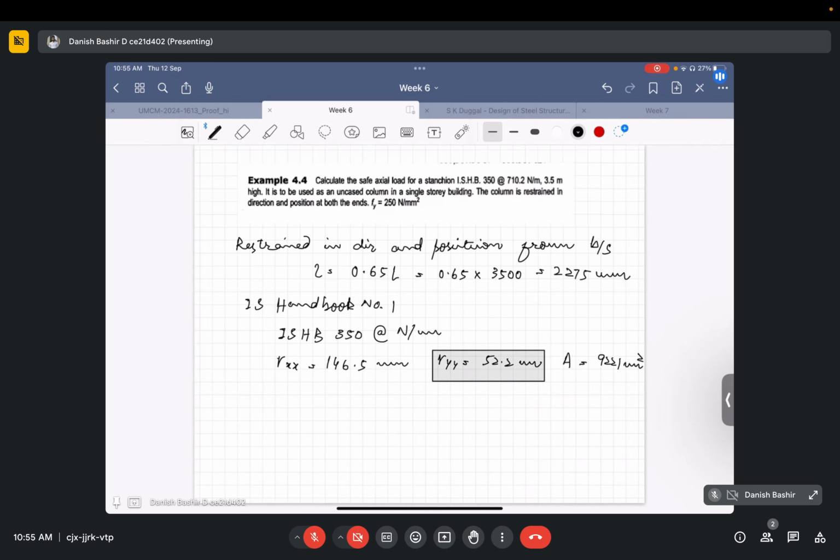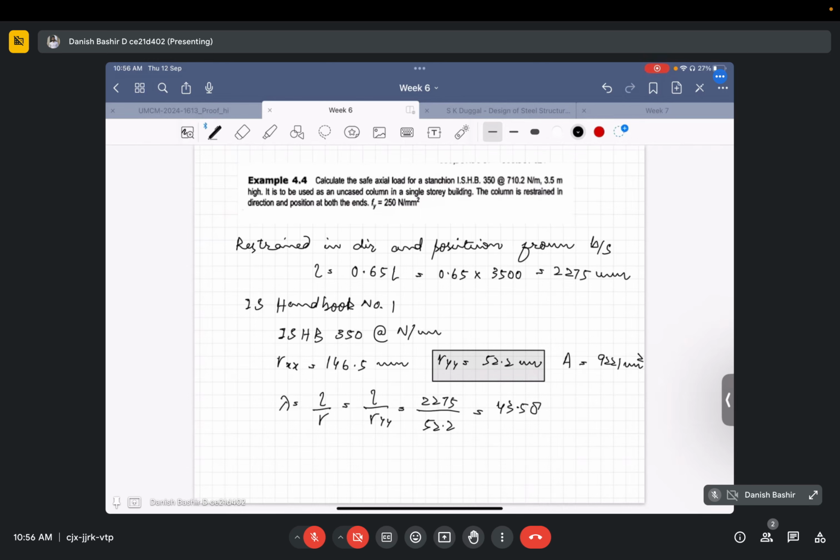So the slenderness ratio lambda is equal to L by RYY. If you divide 2275 by 52.2, it comes out to be 43.58 as slenderness ratio.